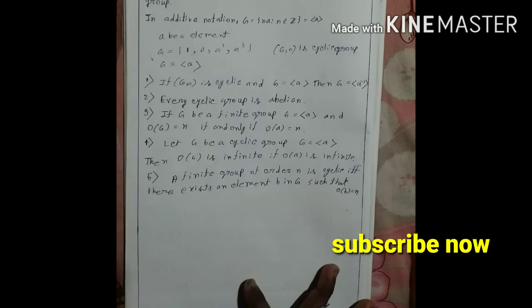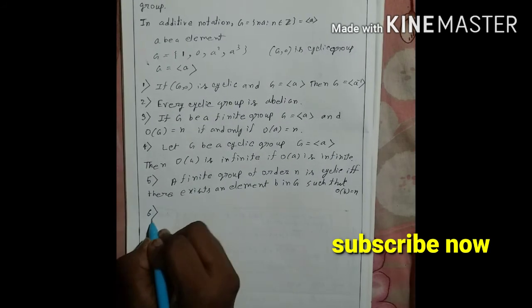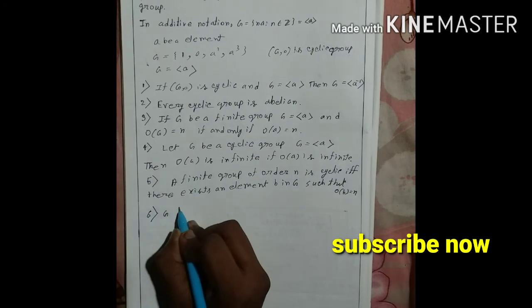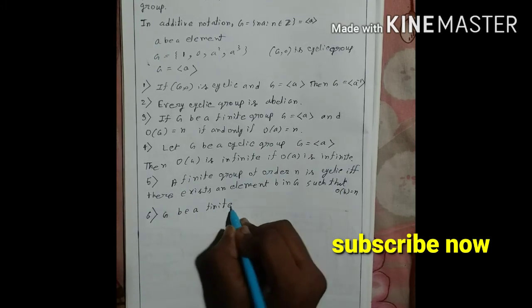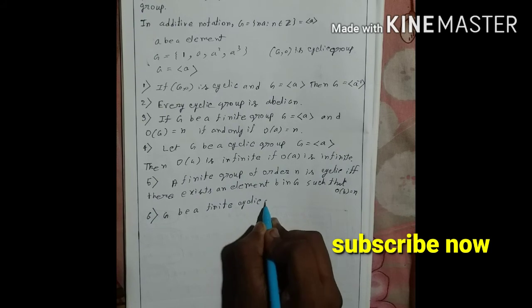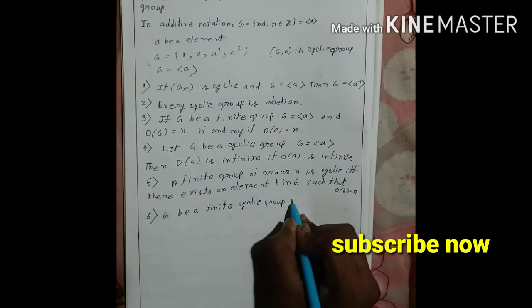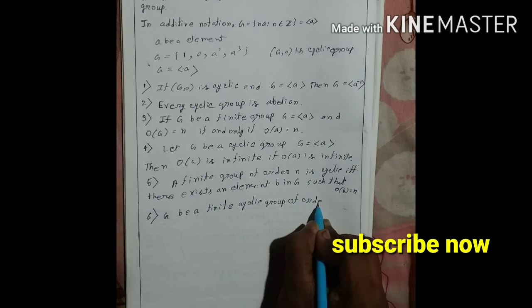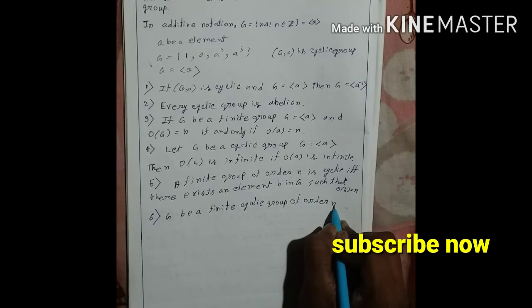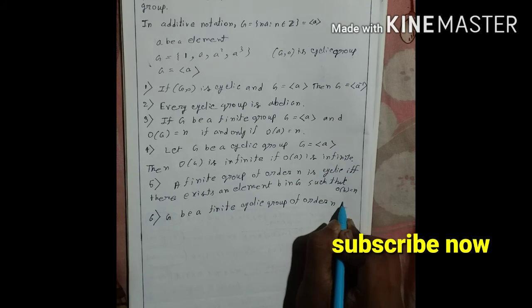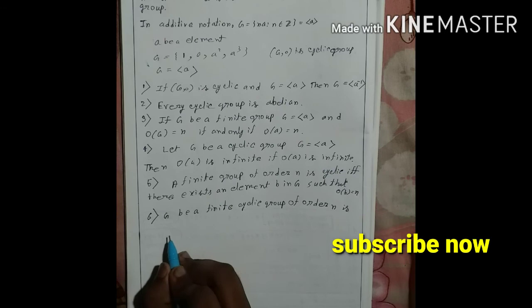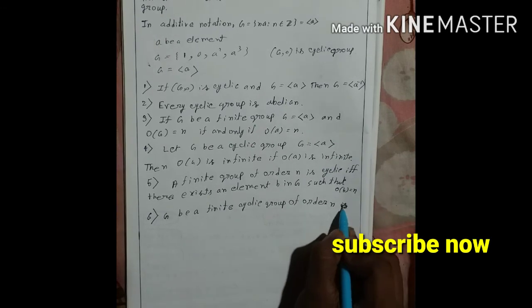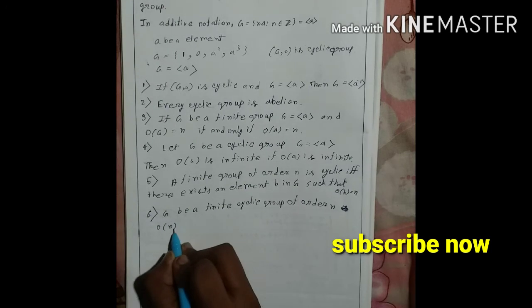Next, sixth important note, let G be a finite cyclic group of order n, where n is greater than 1.